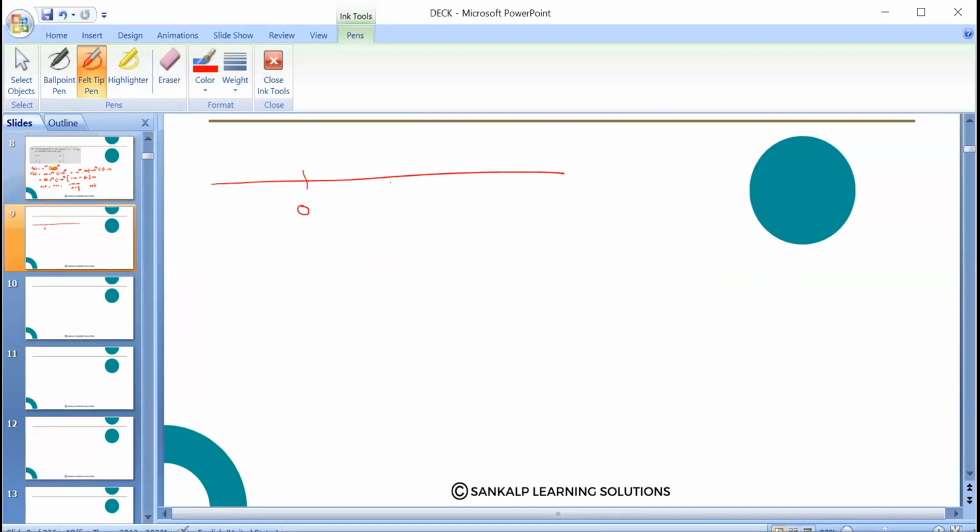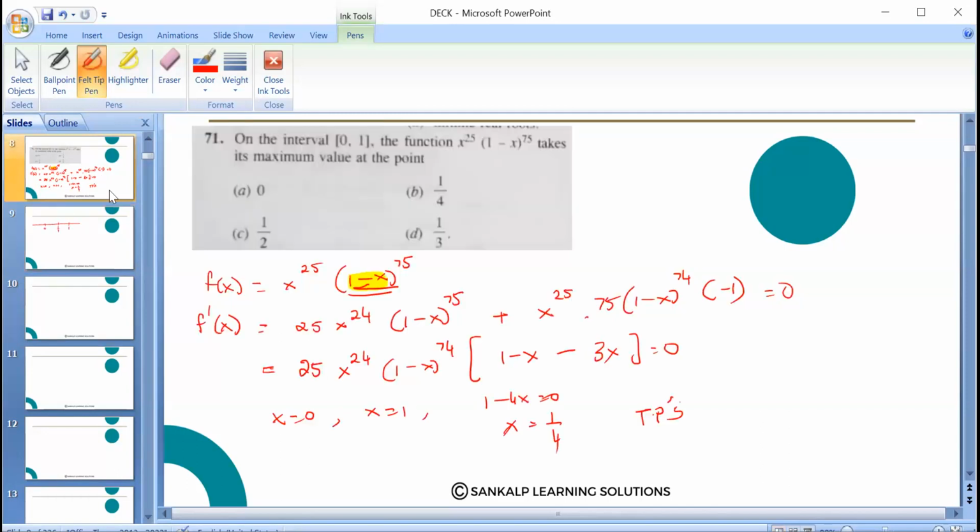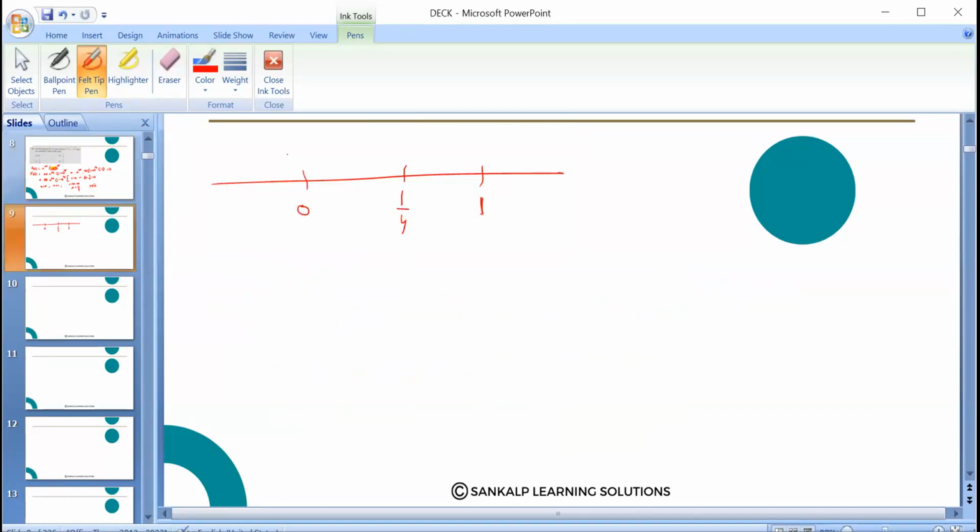On the number line 0, 1 by 4, 1. But the interval taken is 0 to 1. So this interval only, you break it into 2 intervals. Randomly you select.